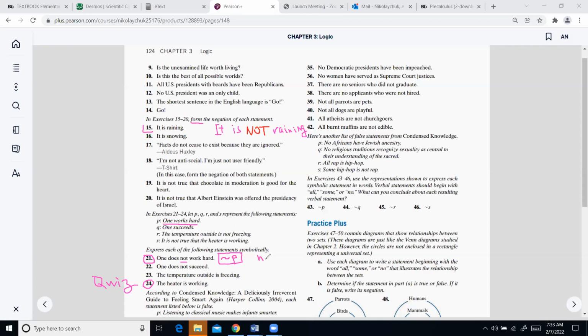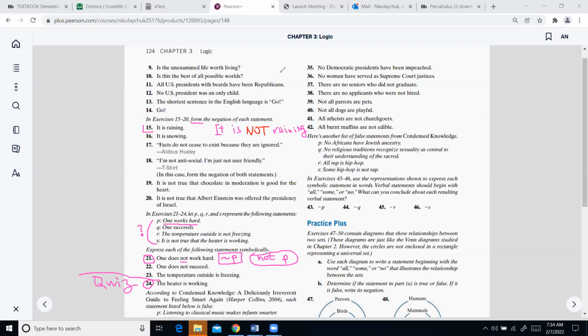So for the answer, you can just put not P. That'd be exactly the same thing as putting that negation. Just let me know which one of these 4 is being used here in exercise number 24.